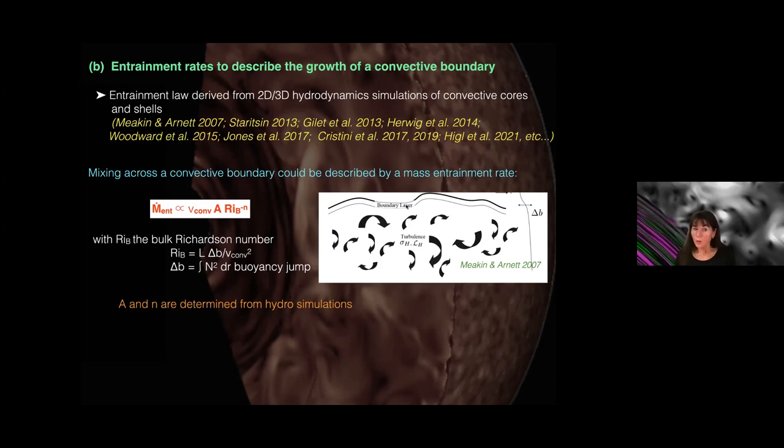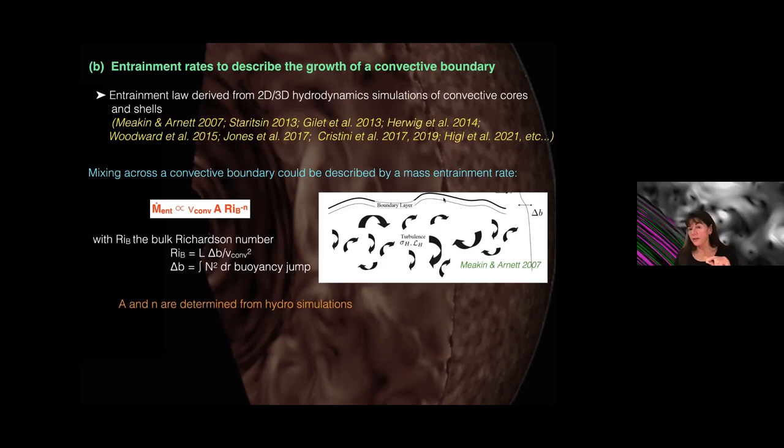You can describe this mixing by an entrainment rate, an entrainment law, which depends on the convective velocity at the boundary and on what we call a bulk Richardson number, which describes the stiffness of this boundary.